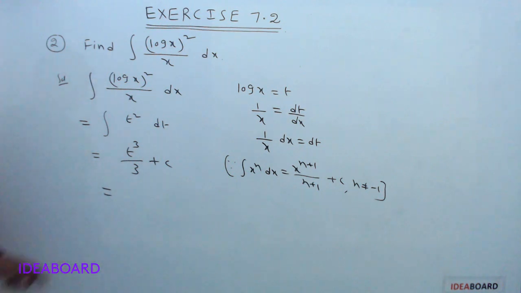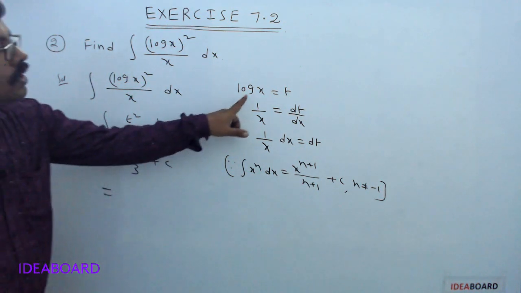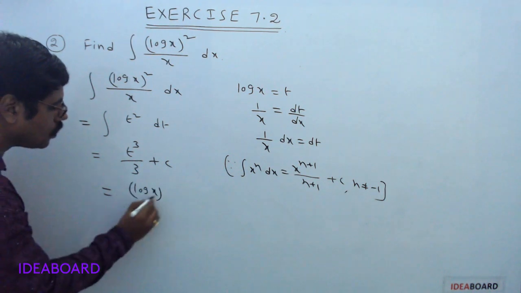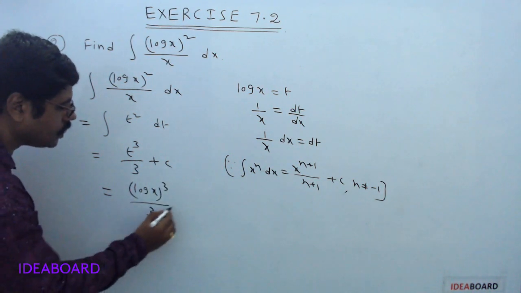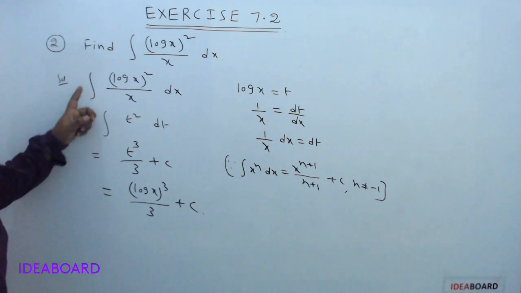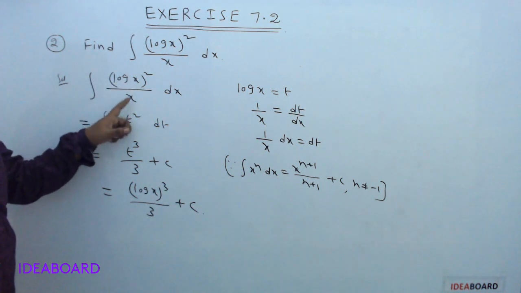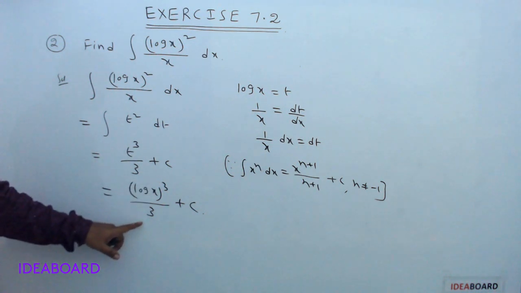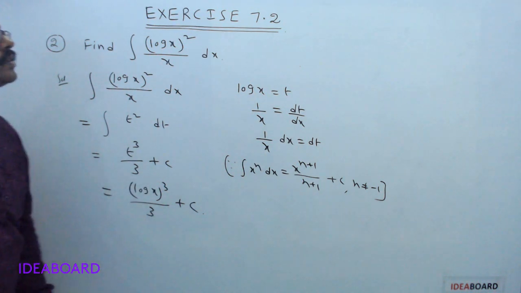Now replace t with log x. So this is (log x) whole cube divided by 3 plus c. Now what is the answer? Integral (log x) whole square divided by x dx equals (log x) whole cube divided by 3 plus c.